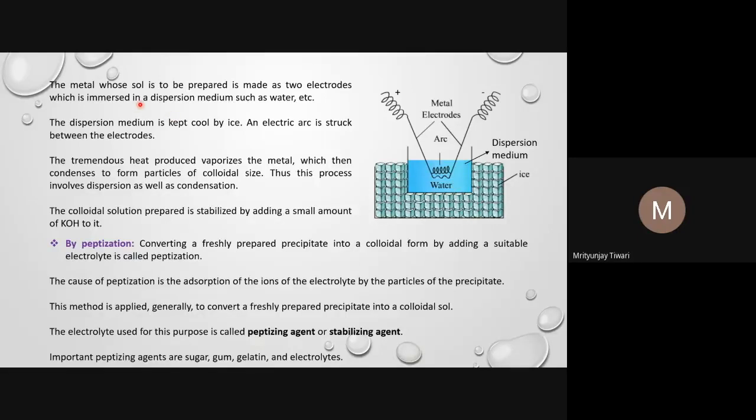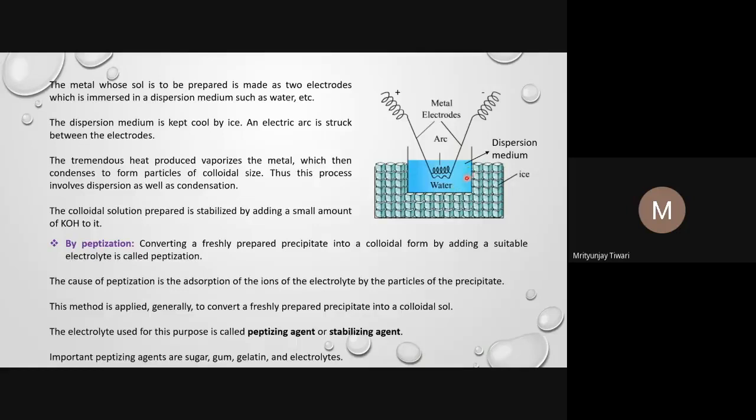The metal whose sol is to be prepared is made into two electrodes which are immersed in a dispersion medium such as water. So these metals will be immersed into the dispersion medium, which could be water.